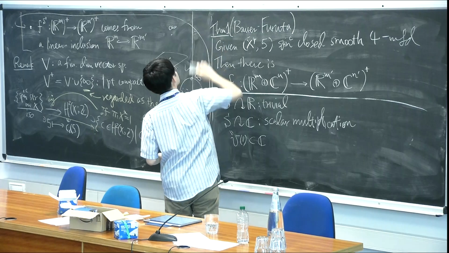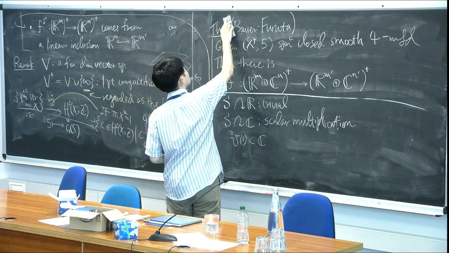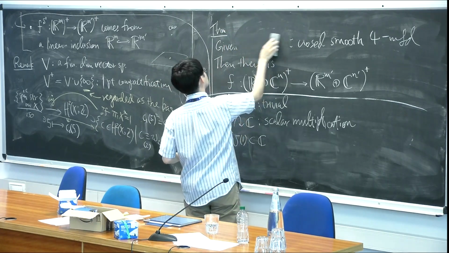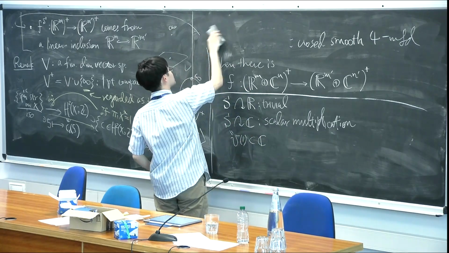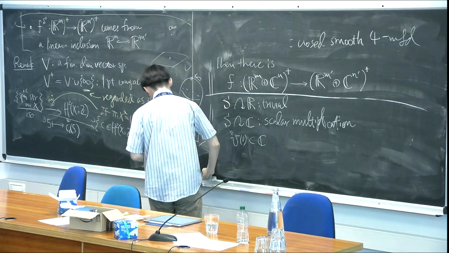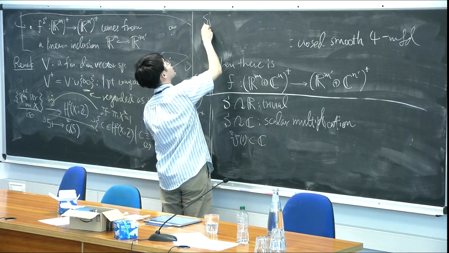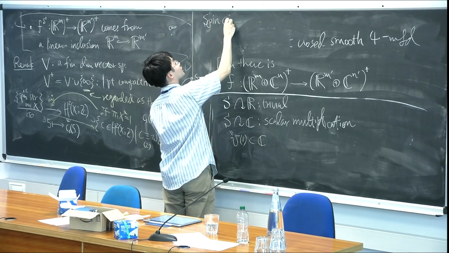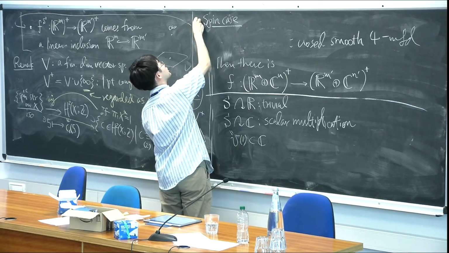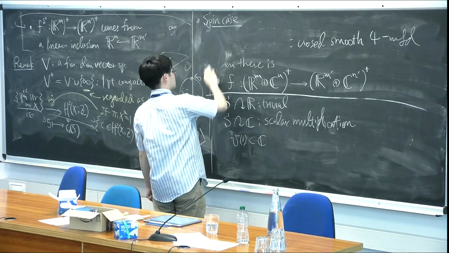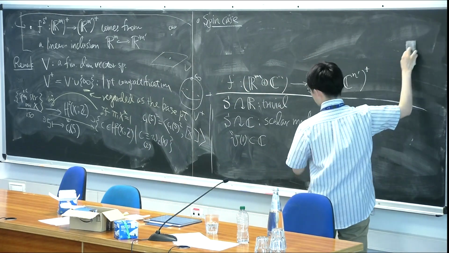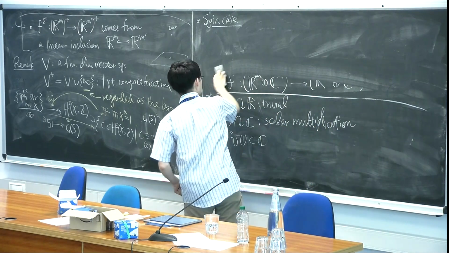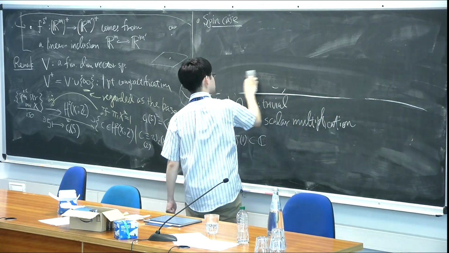Now I'm going to write another theorem, which is a sort of spin version of this. I have just explained the spin C setup, but in the spin case you have something better. I'm going to write a similar kind of action on vector spaces.